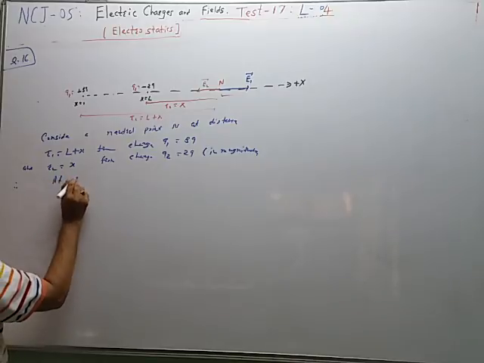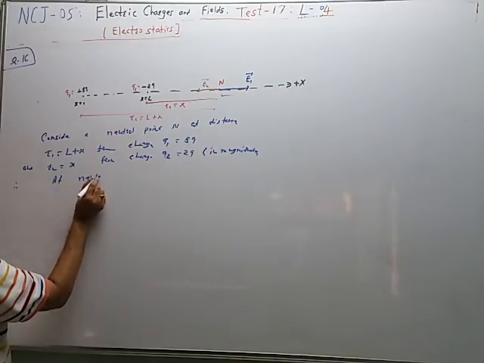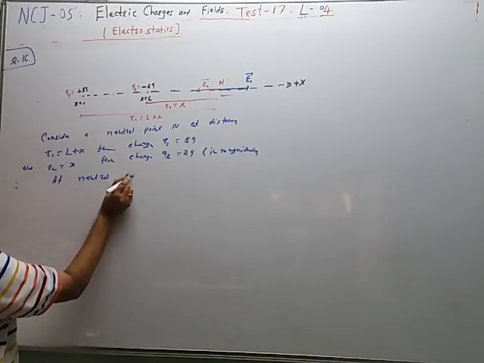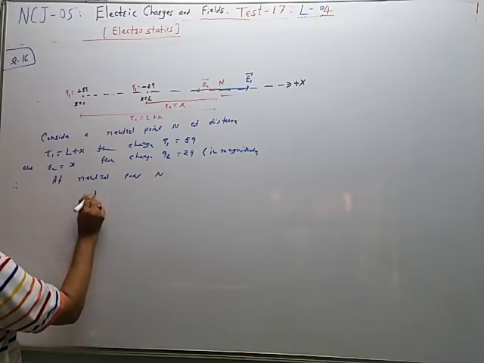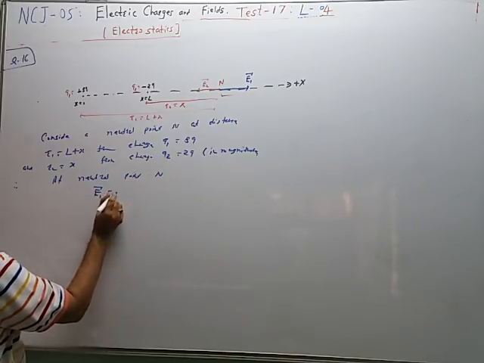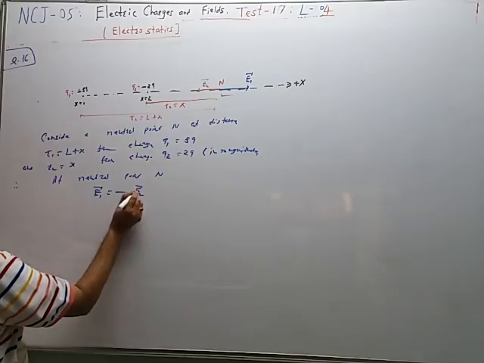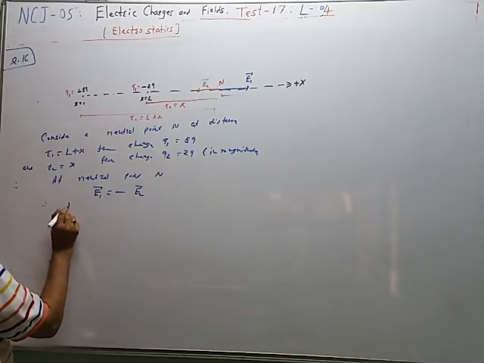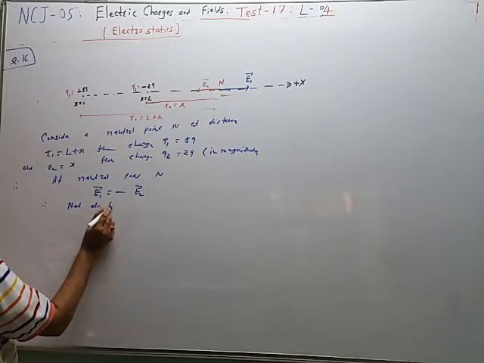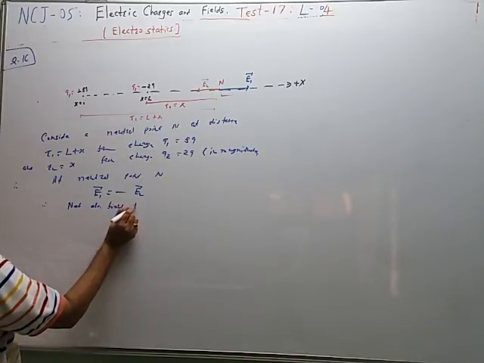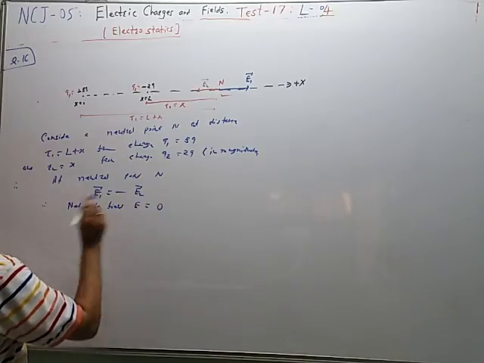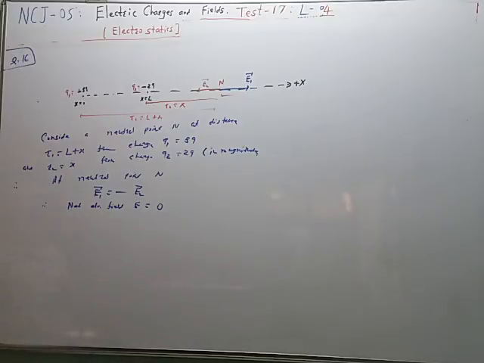Therefore, at neutral point N, E1 is equal to minus E2. Therefore, net electric field E is equal to 0. E1 and E2 cancel each other.